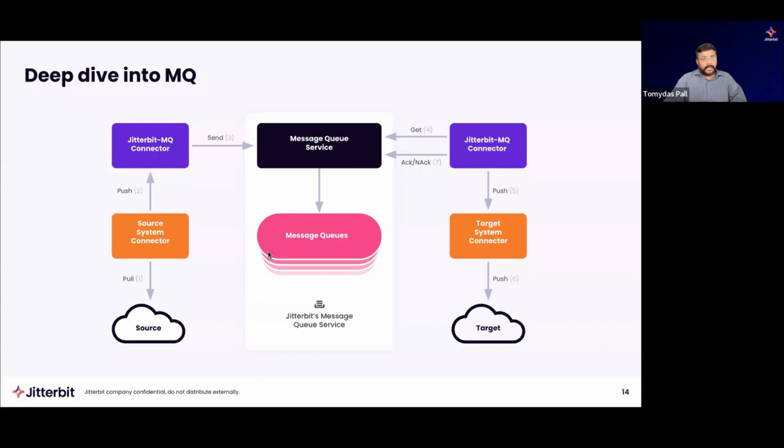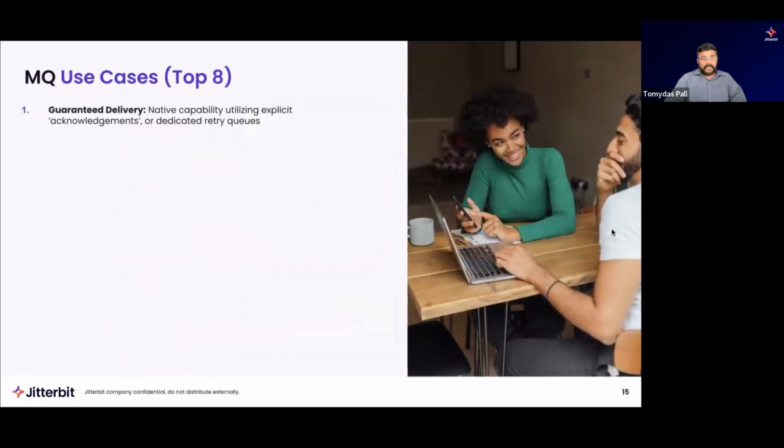Let's go to the next slide, which talks about a few use cases, or the few capabilities, that the message queue offers. We already talked about the guaranteed delivery concept, which is basically that once you deliver the data to the receiving system, a clear acknowledgement is sent back by the connectors based on the delivery. So it guarantees your delivery to the receiving system.